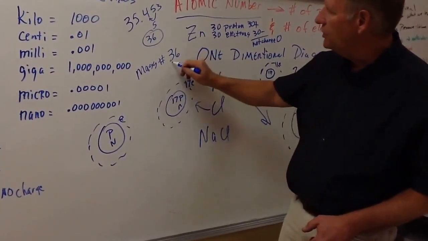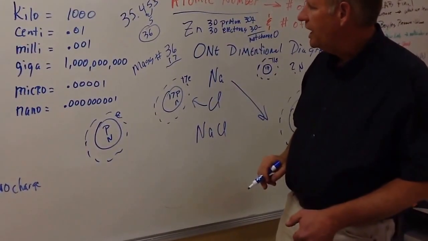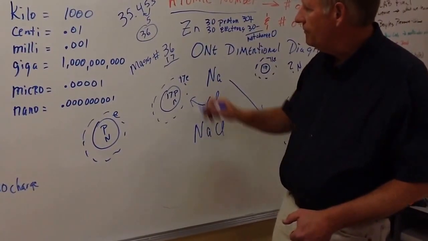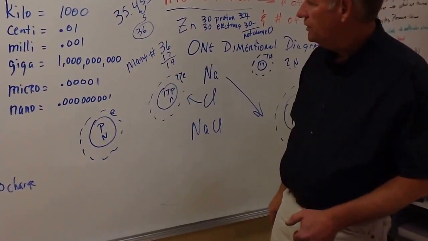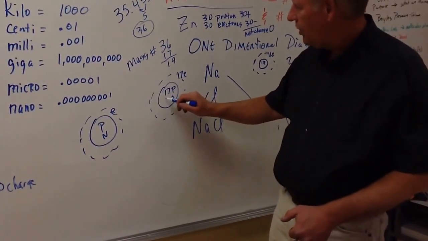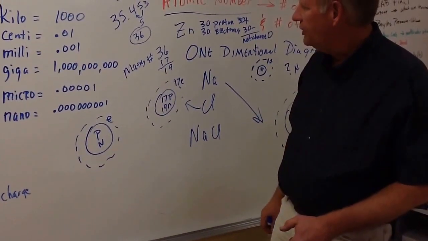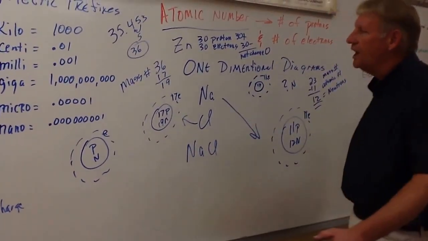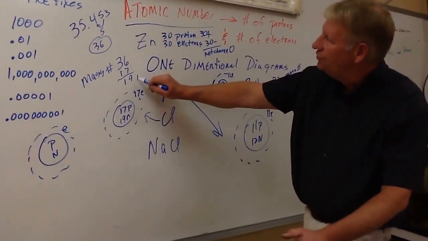The atomic number was 17, and I subtract those. And what do I get? I got ahead of myself there for a little bit. So I subtract those, and I have 19 neutrons.